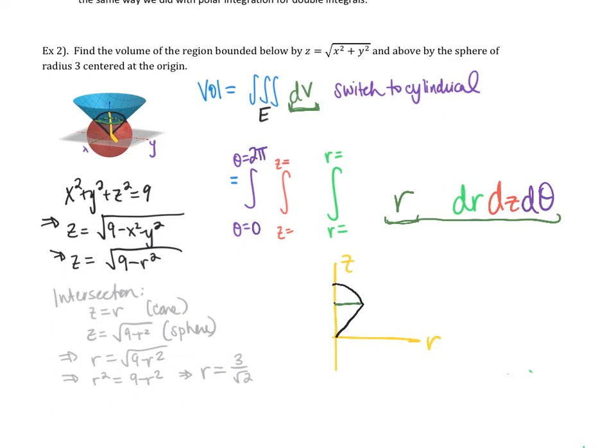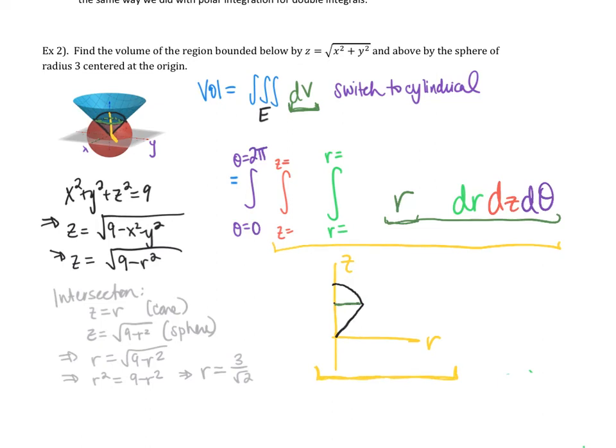And so what I recommend is that you ignore the theta piece right now and just set up in the ZR plane what your bounds would be if this was just a double integral for z and r. Because then the idea is we're going to take this, multiply it by a tiny little width in theta, and rotate it all the way around. And you could actually use the same idea to set up your bounds with respect to z first.